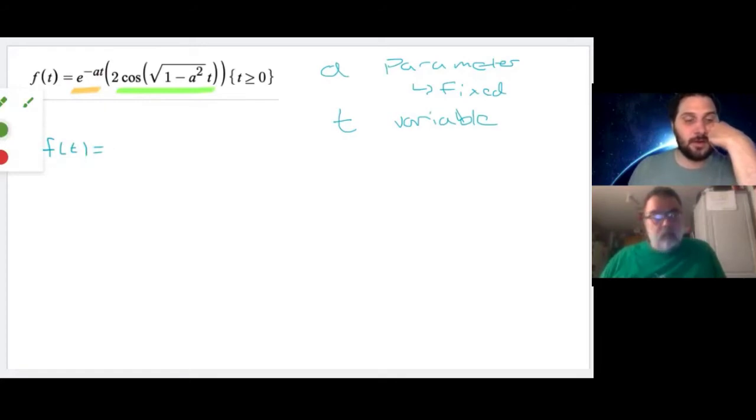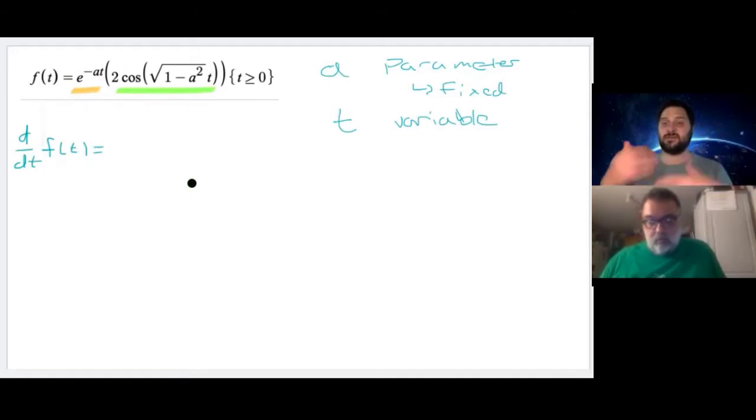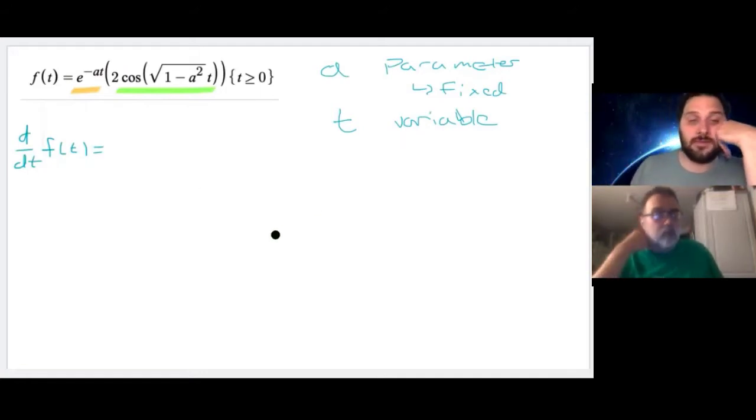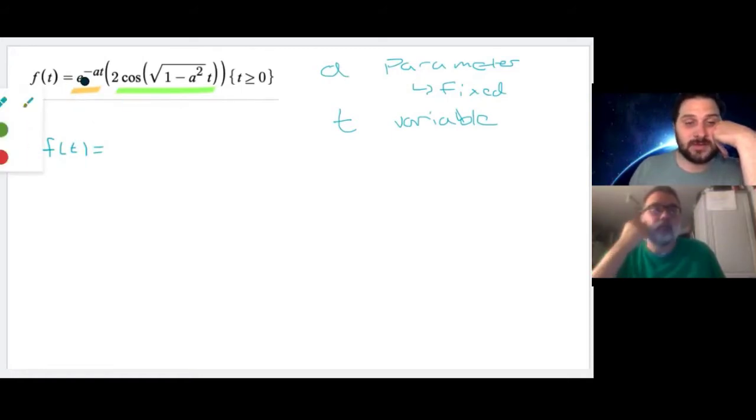So I start off by thinking, okay, the outermost layer is multiplication, so therefore I need to use the product rule. The product rule would say, let's take the derivative of each one. Each one gets its term. So I'll try to write this out as fully as I can.